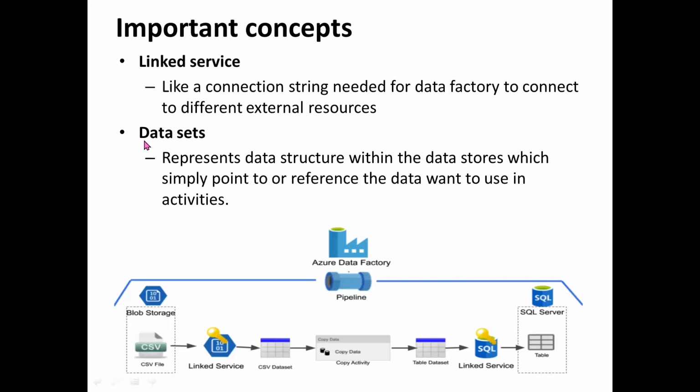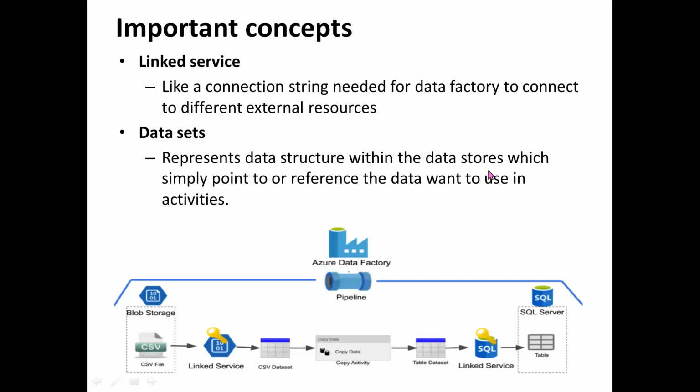Okay. So moving on to the data set. Once you have created a linked service, suppose I connected to a blob storage, or let's say I connect to a Salesforce data store, right? After that, what do I need to do? Salesforce data may have multiple tables, files, and so on and so forth, right? So then you need to mention which data structure within the data store you want to use in your pipeline.